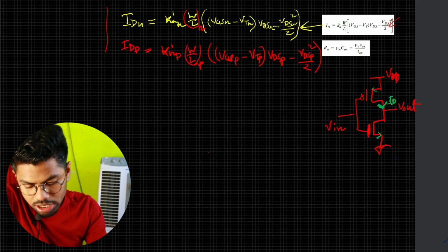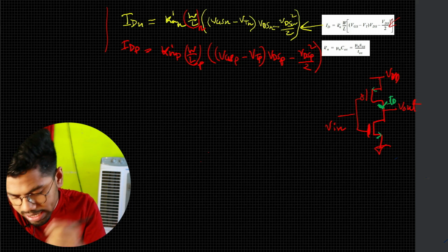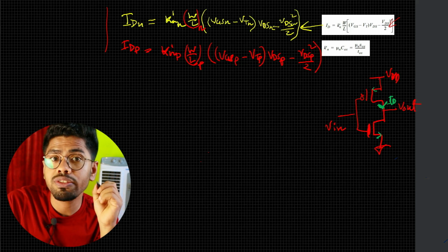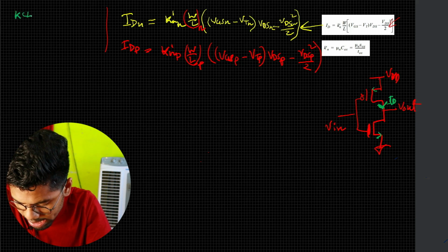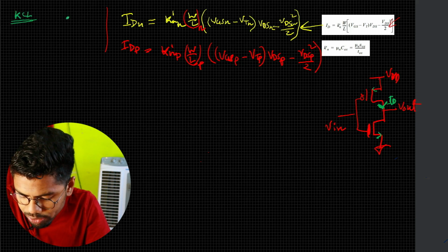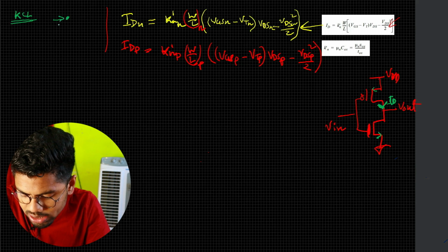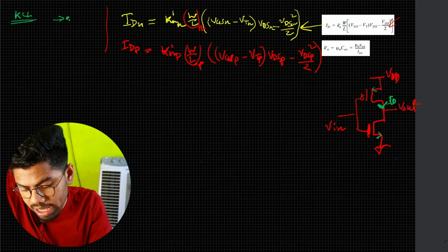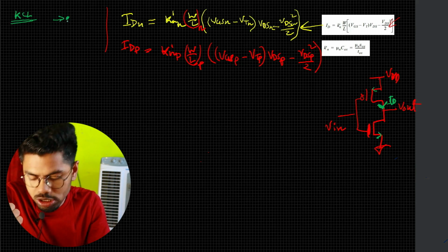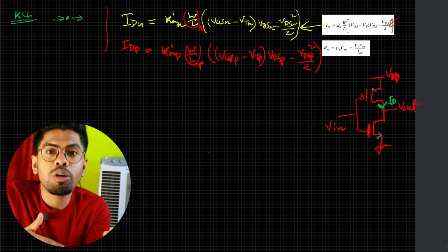So we have ID. The first thing you should be clean and clear, and that is a concept from your KCL, Kirchhoff's current law, is that if we have a point, if current is going inside that point, then it is positive, and current going out of that point would be negative.